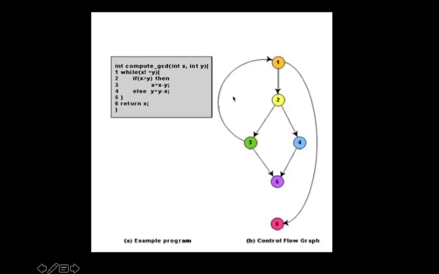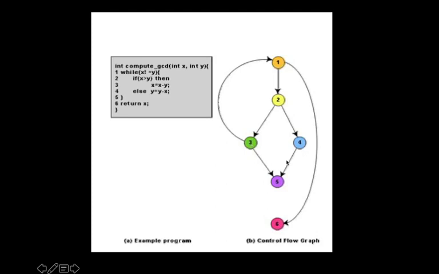In this way we can draw the control flow graph. It is easy to represent. We have to number all the statements, then draw them. If there is flow from one node to another, we represent it using an edge. This is the if statement: if it is true, go to 3; if it is false, go to 4.